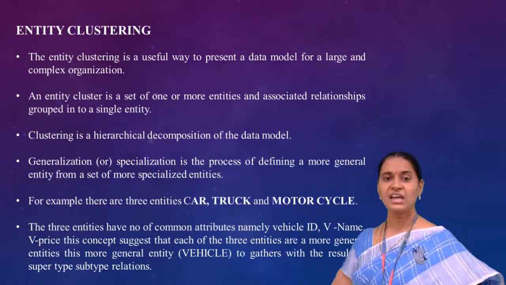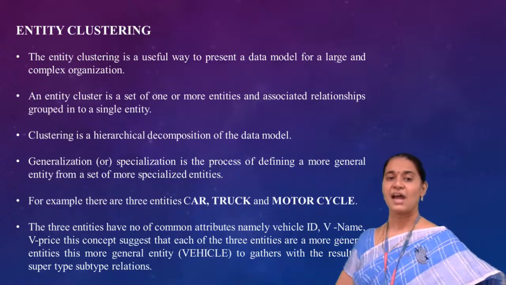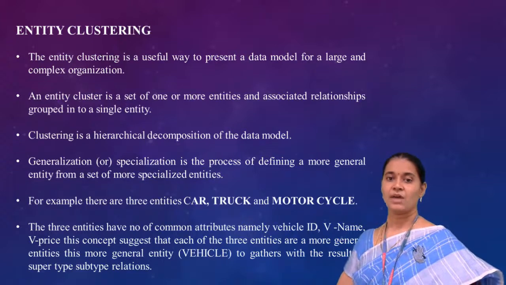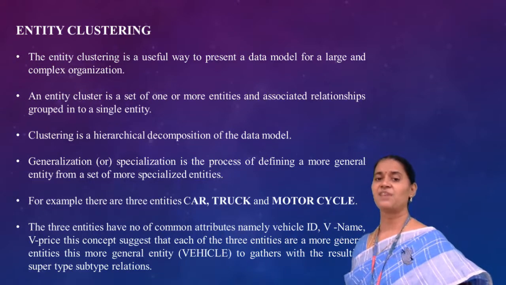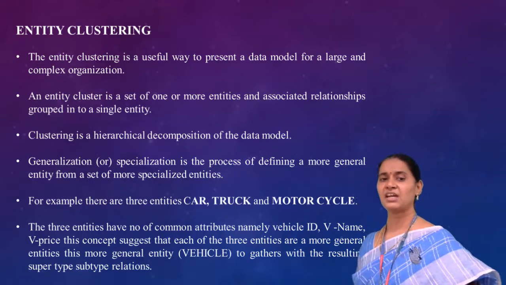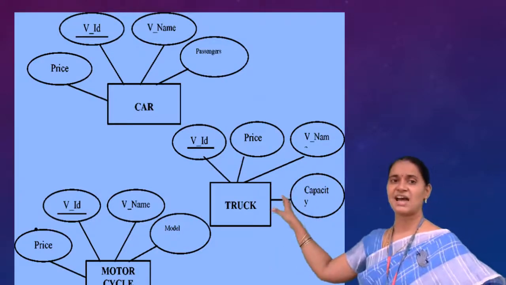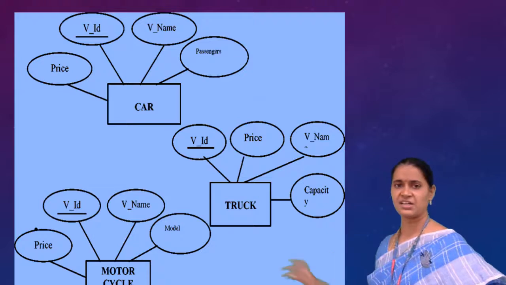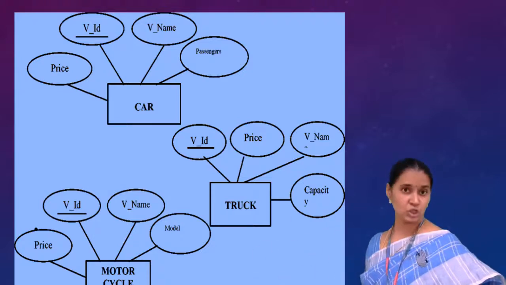The three entities have some common attributes: vehicle ID, vehicle name and vehicle price, which I am going to separate and define as a general entity, vehicle, represented in this diagram which I have already discussed: a car entity with its attributes, a truck entity with its attributes and the motorcycle entity with its own attributes.